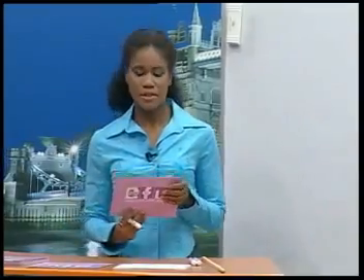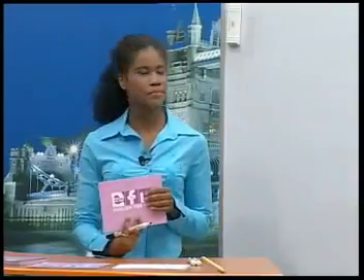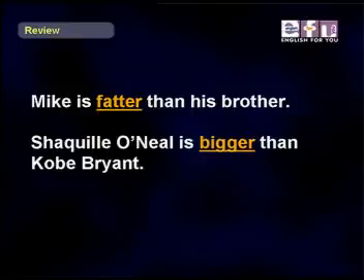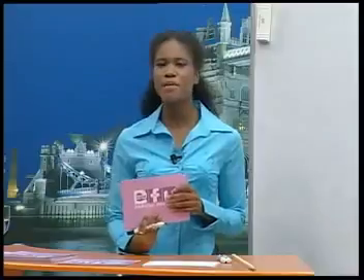We also learned that there are special spellings for some one-syllable comparative adjectives. Take a look at these examples. Mike is fatter than his brother. Double the T. Shaquille O'Neal is bigger than Kobe Bryant. Double the G. We also learned that in the comparative form, good becomes better, not gooder.